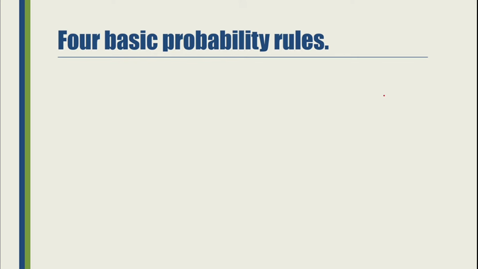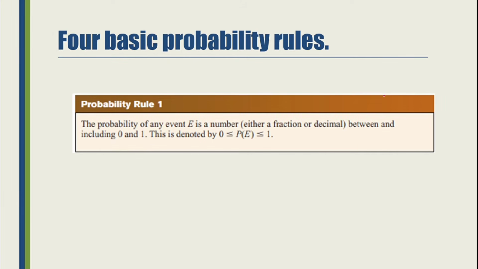Okay, let's proceed with four basic probability rules. The first one is probability rule number one. The probability of any event E is a number, either fraction or decimal, between and including 0 and 1. So it is denoted that the probability of an event is between 0 and 1, including 0 and 1.